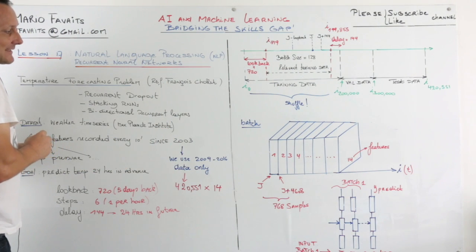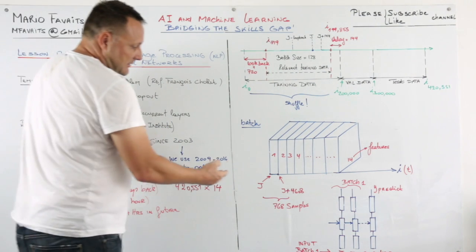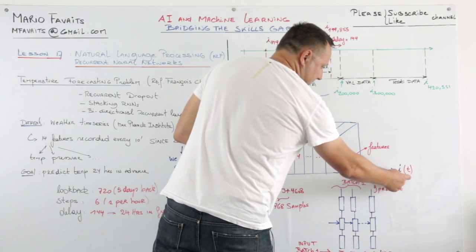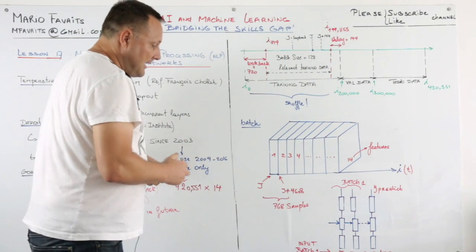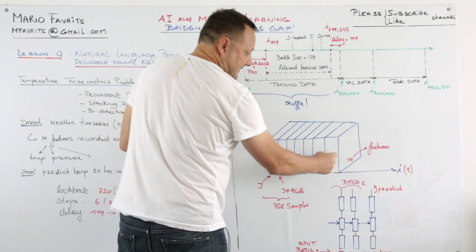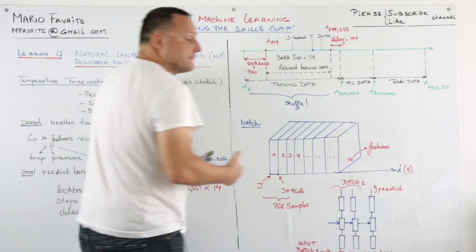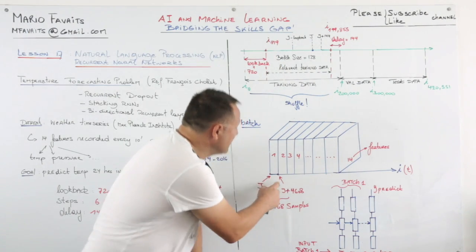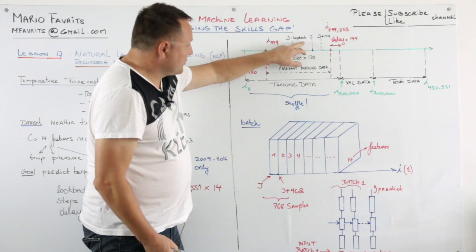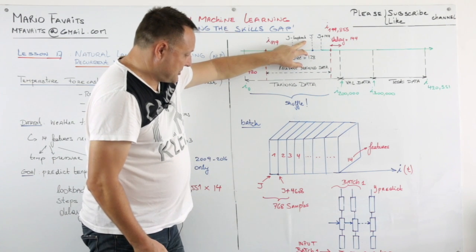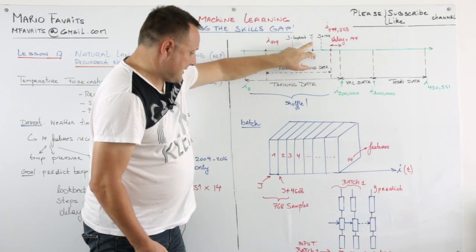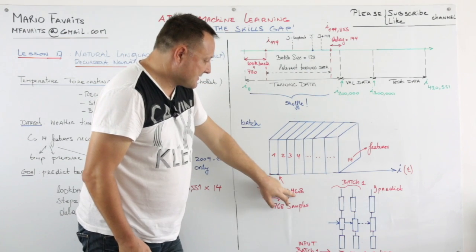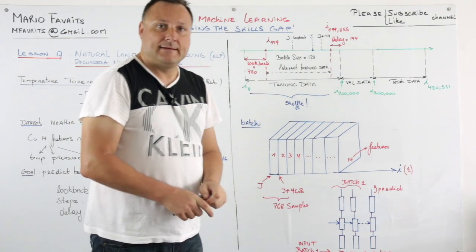Alright, so how does a batch look like? Well, you have this index here that is a function of time, and here you have your batches. Yeah? And you also have your 14 weather features. So one batch, as I showed here, could be from j to j plus 4608.